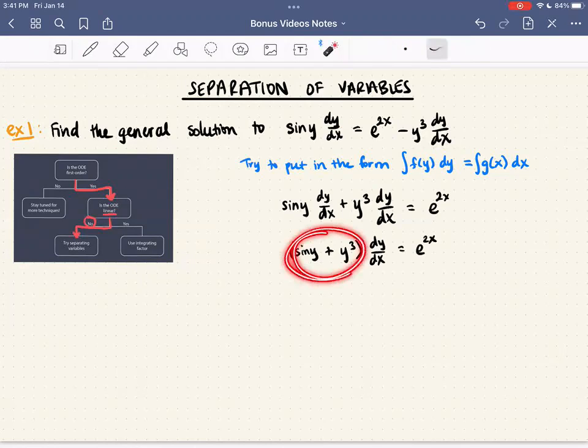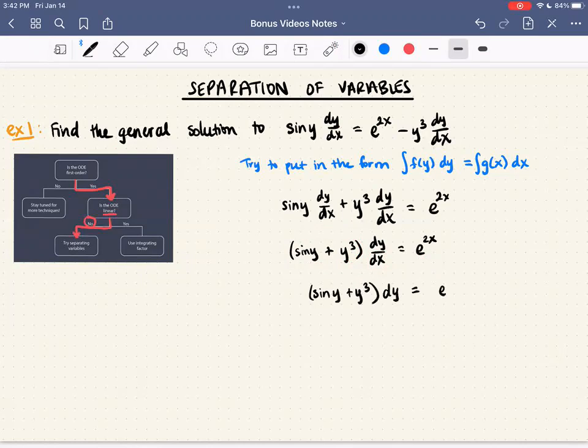Now I've got this term here that only has y's in it, and I have a term here that only has x's in it. I'm going to go ahead and move this differential over to the right. So I've got (sine y plus y cubed) dy equals e to the 2x dx. And now I want to integrate both sides.